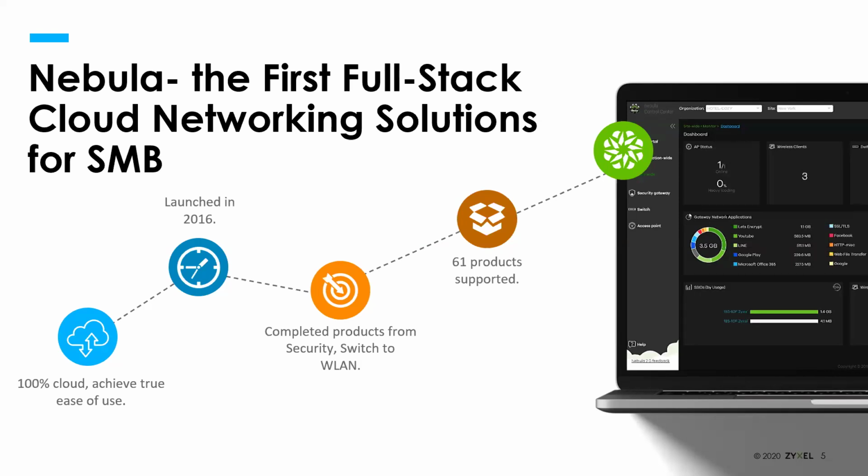Back then, the only cloud solutions were either aimed at the enterprise space or were only access point solutions. We were basically the only vendor with a full stack, meaning we supported different classes of products, switches, access points, and security gateways from the get-go in 2016. Most of the other cloud-based solutions aimed at the SMB space came much after that.